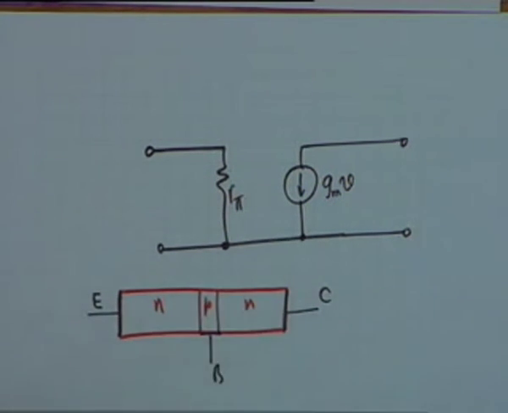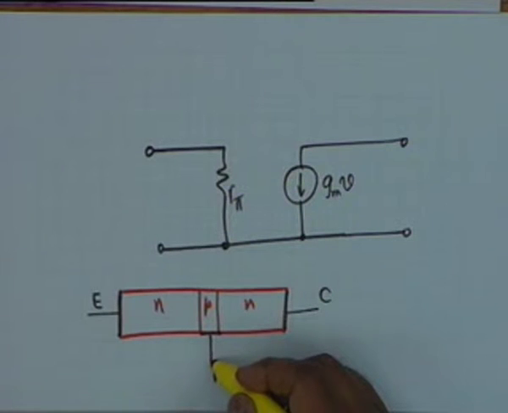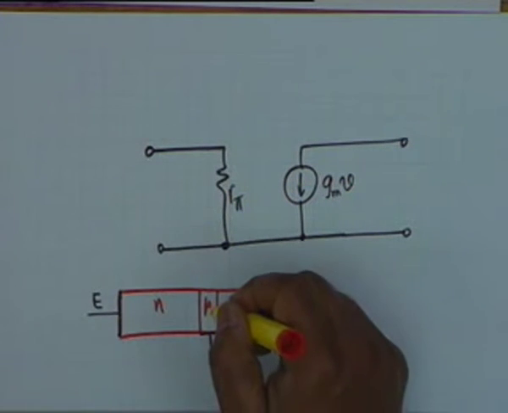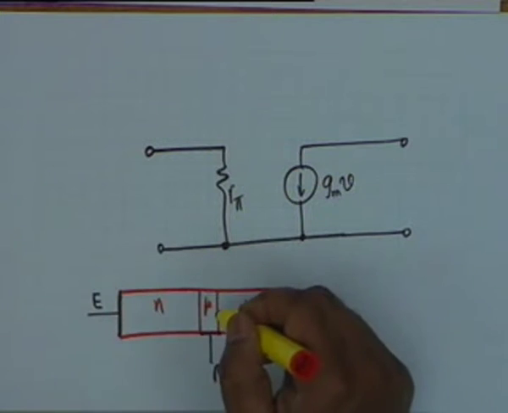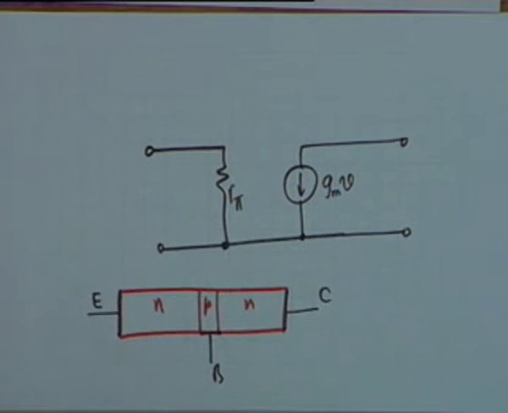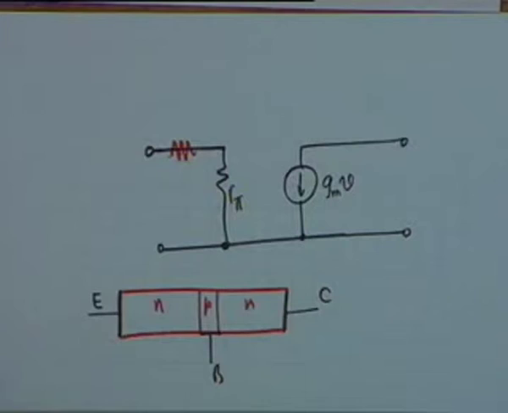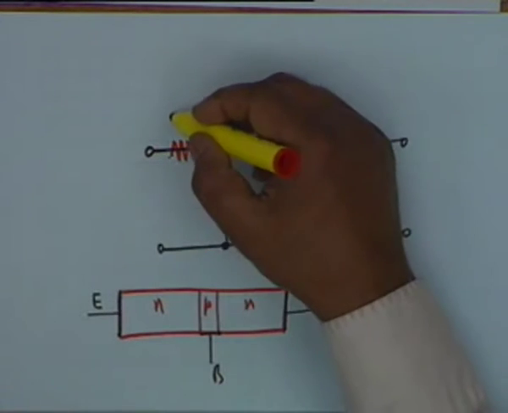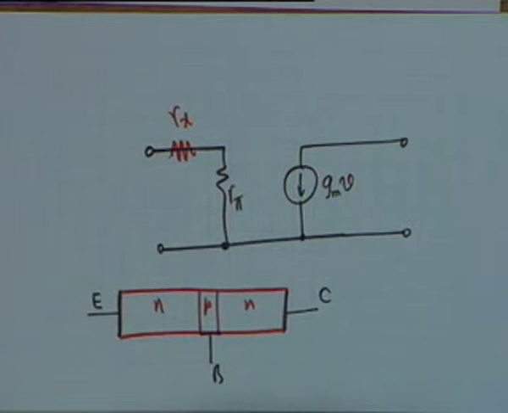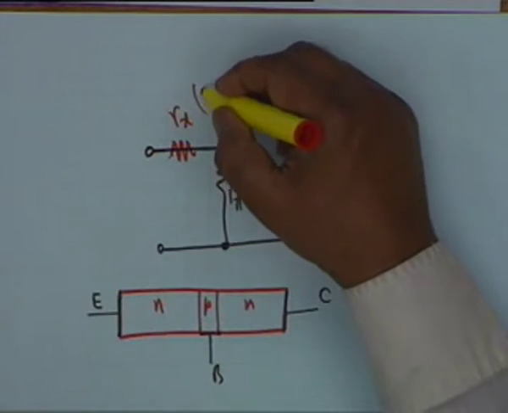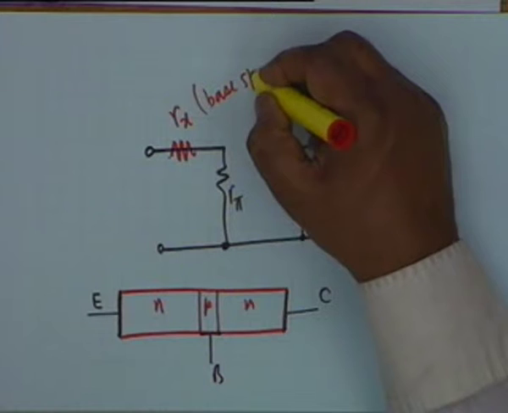The base, as you see, is a thin long region, and between the actual contact of base and the base emitter junction or base collector junction, there is a certain amount of resistance which sometimes plays havoc, and this resistance is called the base spreading resistance, and it is denoted by Rx.